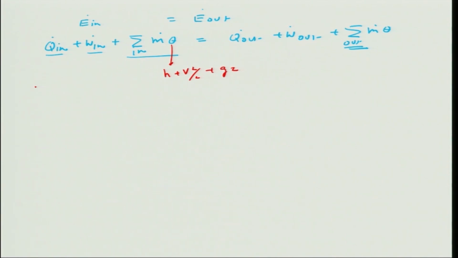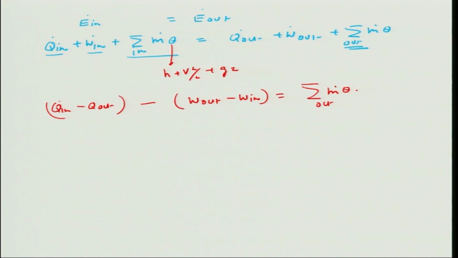Now, this is useful when you know the specific direction of the heat and work. You can generalize this when you are not aware of the specific direction. Okay. And in that case, what you can do is consider Q in minus Q out and minus of W out minus W in, and this will be your m dot theta out minus m dot theta in. Now this will be net work out, which essentially means done by the system, and this will be your net heat in.